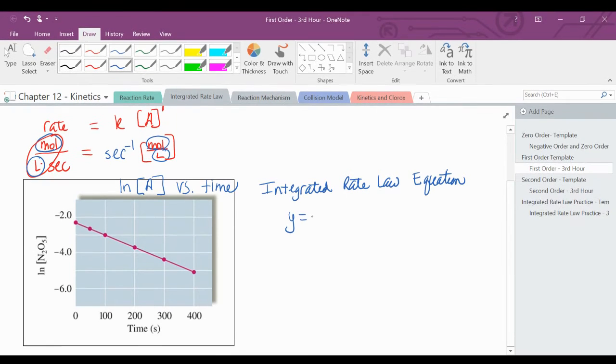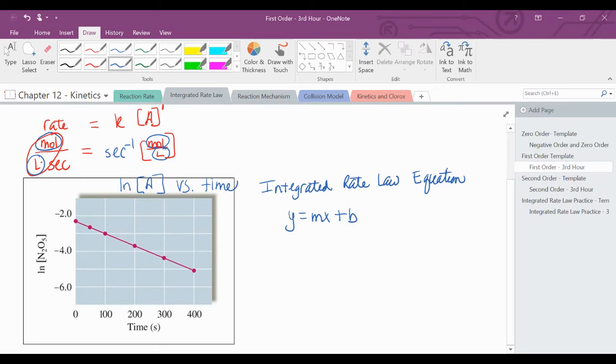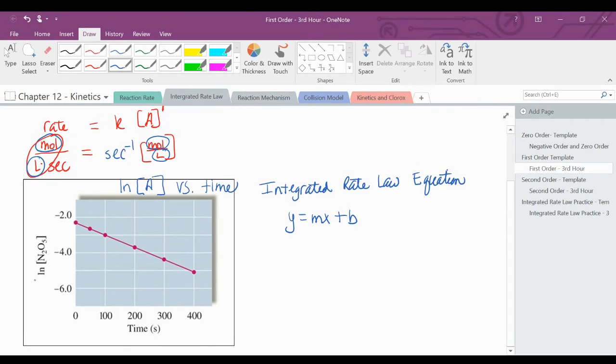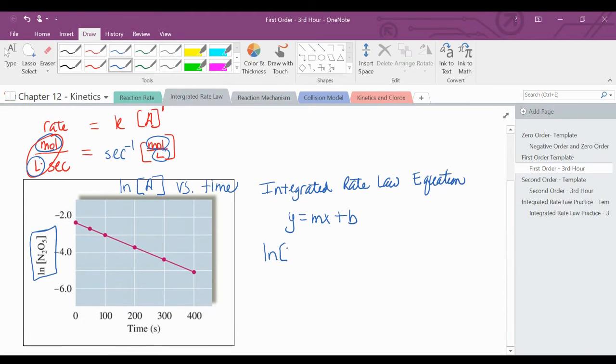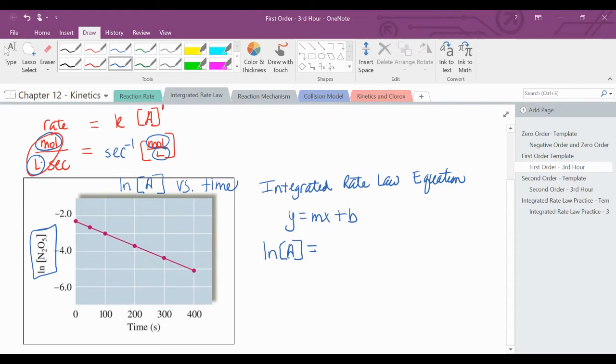So we're going to use the equation of the line. So y we can clearly see is the natural log, and again, I'm just going to be generic and use A. Again, we can see our line is decreasing, so it's going to be a negative slope.